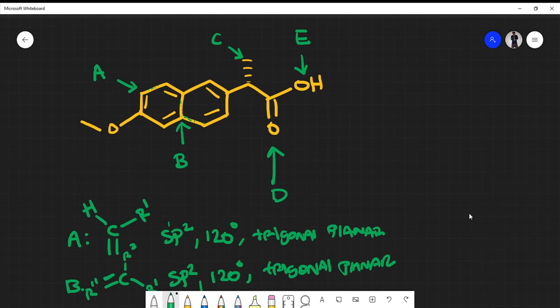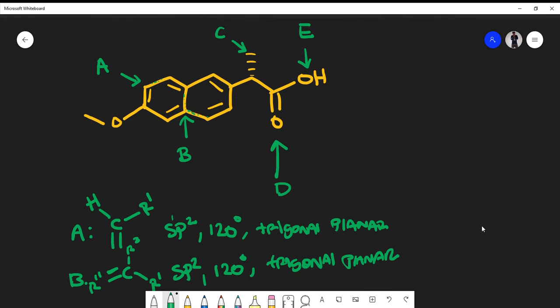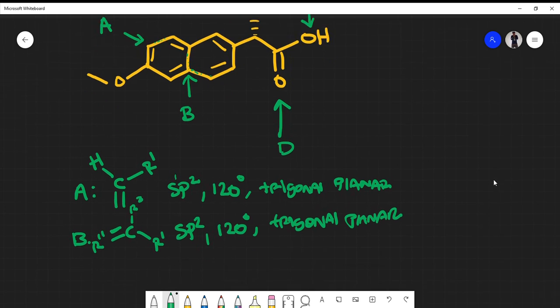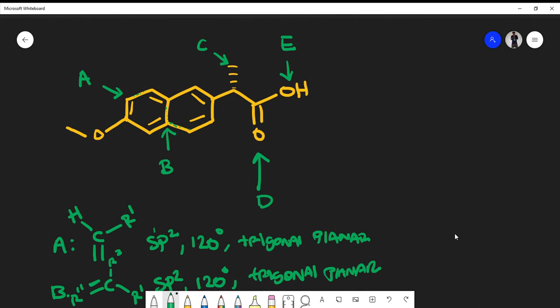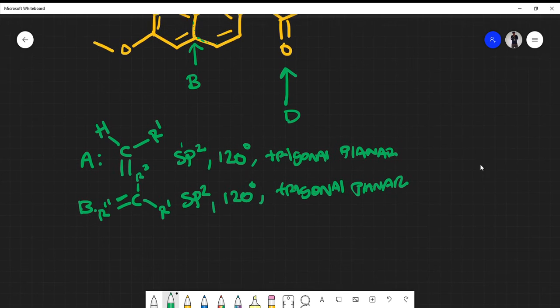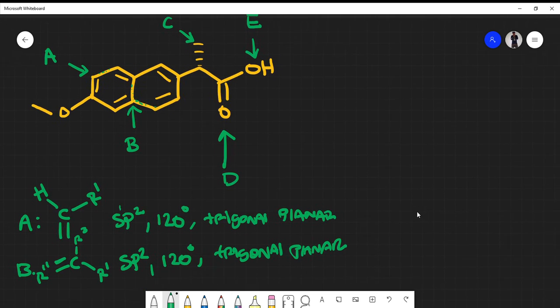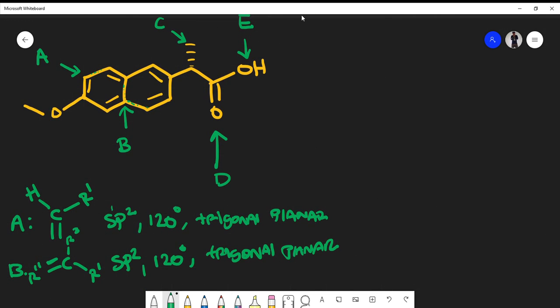How about C? Well, let's look at C. For carbon C, there is actually a CH3 at that point. Again, we do not explicitly write the CH3 because in organic chemistry we do not, but this is where it becomes a little bit difficult.